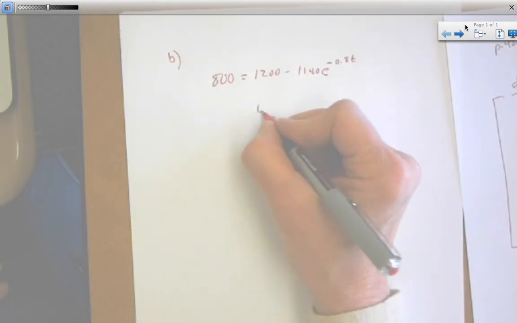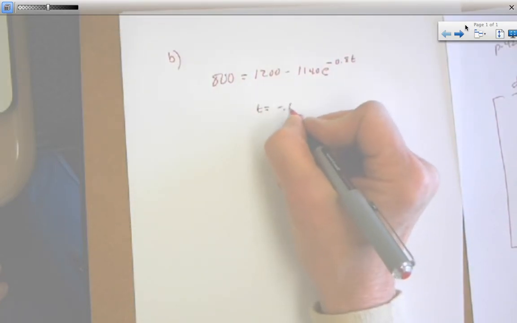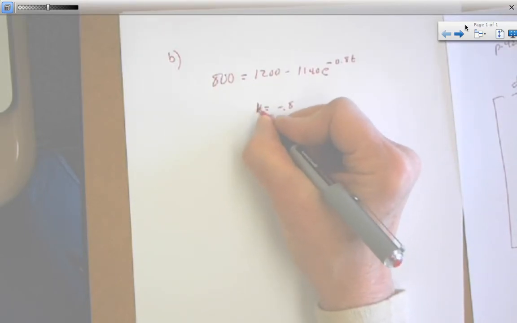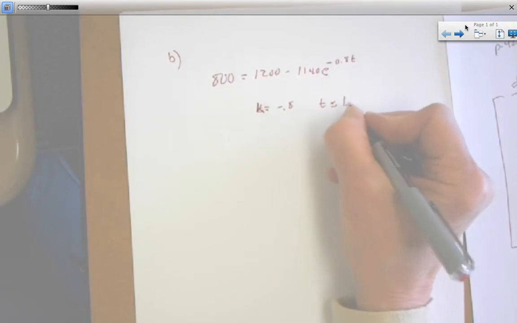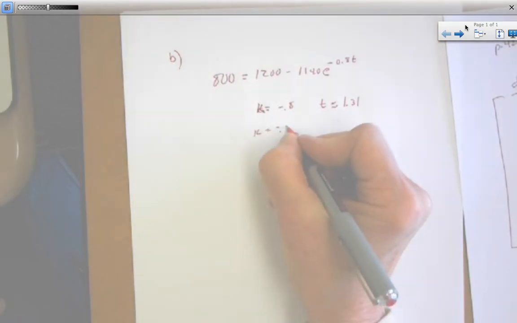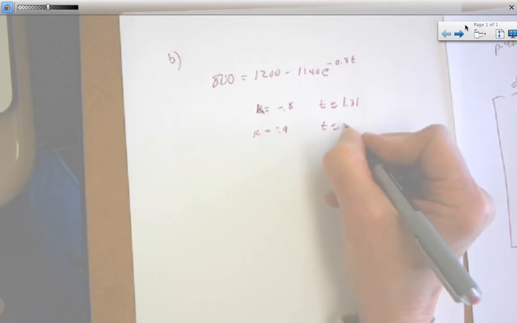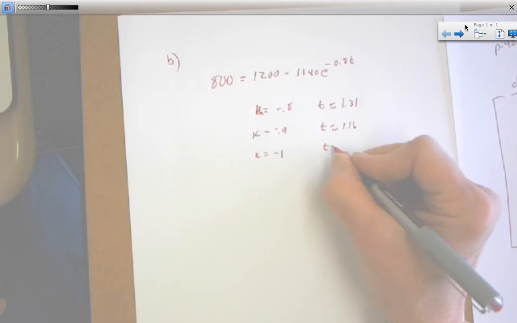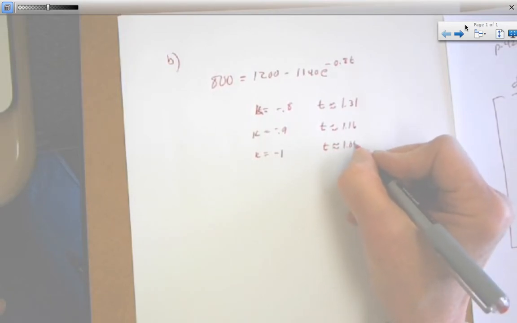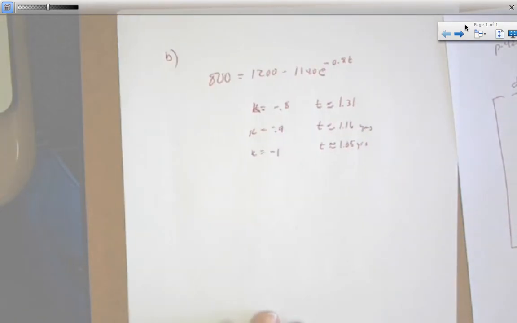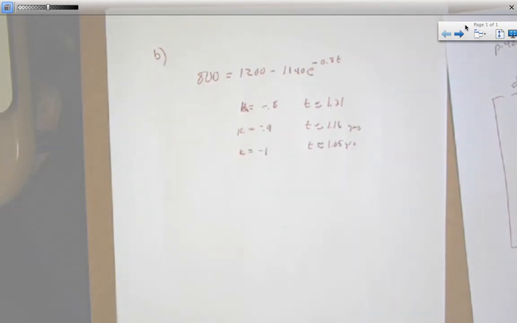When k is equal to negative 0.8, t would be approximately 1.31. Take your calculator and see if you get those values. When k equals negative 0.9, t is approximately 1.16. And when k equals negative 1, t is approximately 1.05. These are years. And weight will max out at 1200 because that is our limiting value.